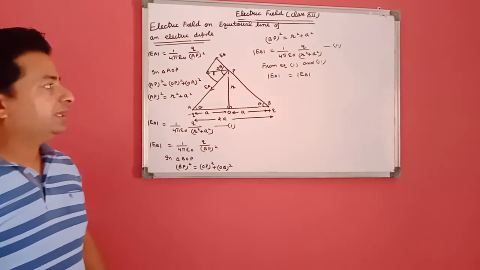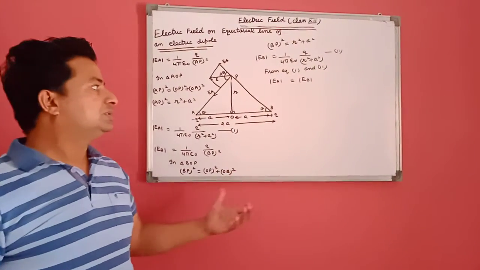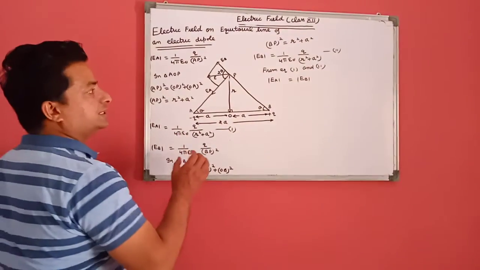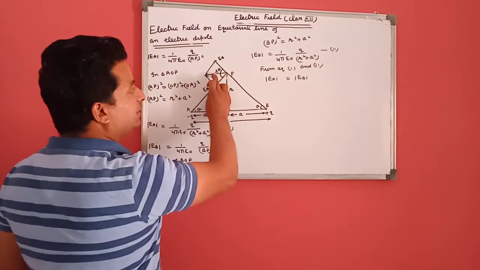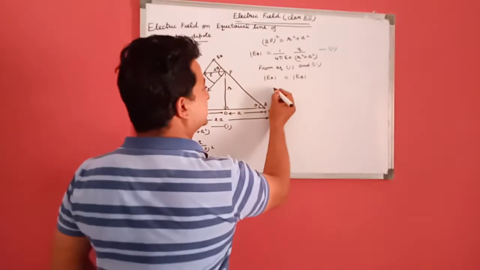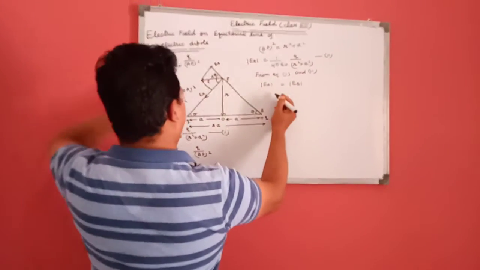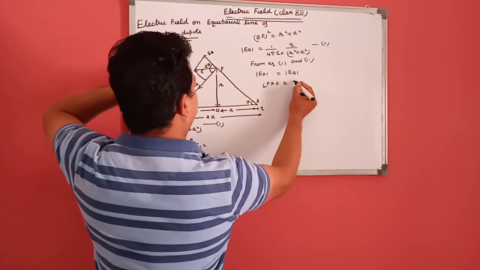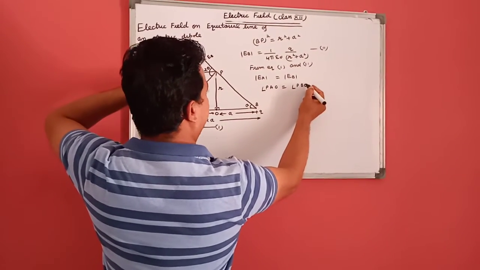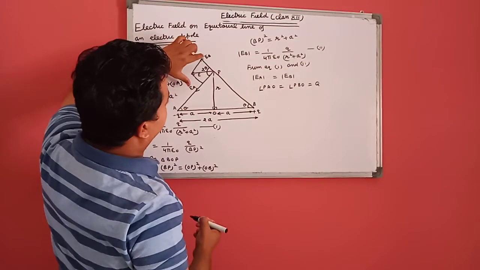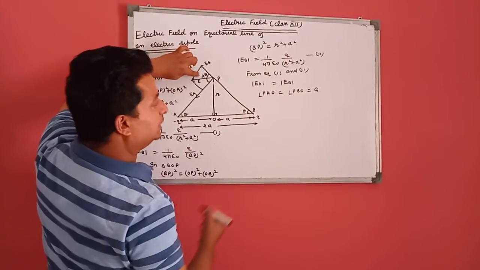As we know, the triangle law of vector addition, otherwise the parallelogram law, states that the resultant of two vectors is E. When we take this angle PAO equal to PBO equal to theta, then the angle between EA and EB is 2 theta.